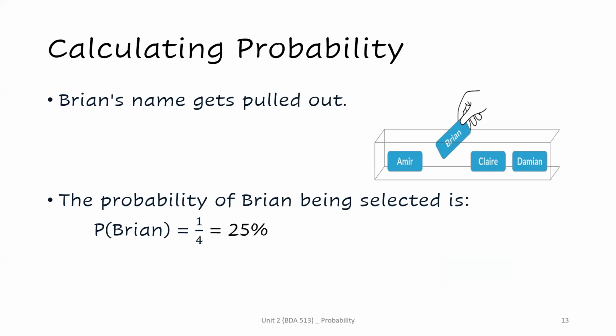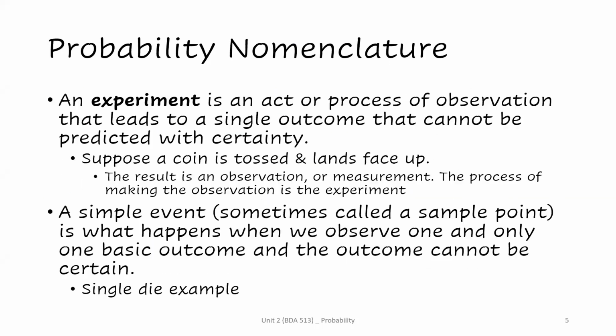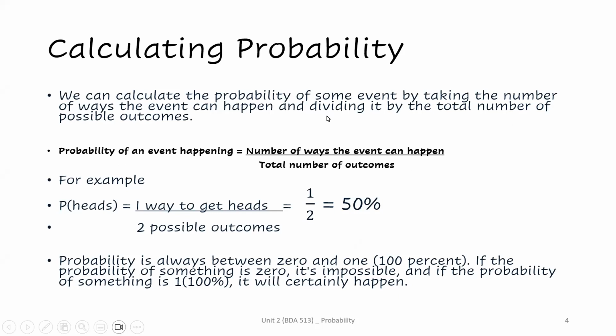All right, so the probability of us selecting Brian is 1/4, isn't it? Because Brian's name appears only once, and we have 4 people or 4 outcomes. Just like the definition we gave here: the number of ways an event can happen over the total number of outcomes.